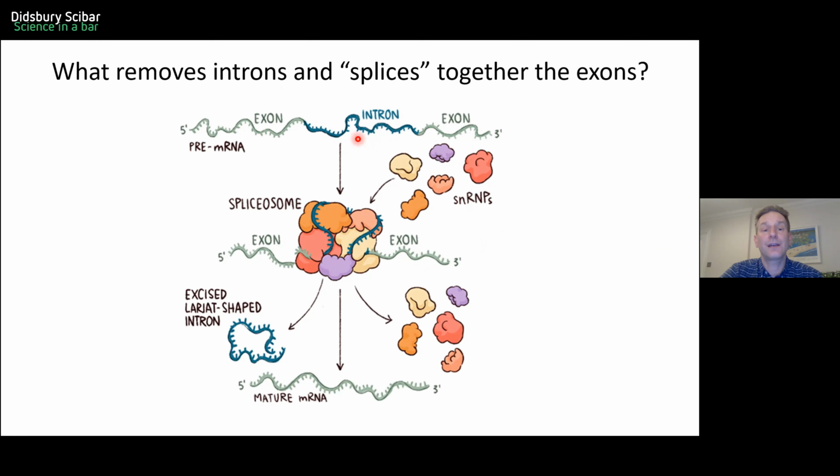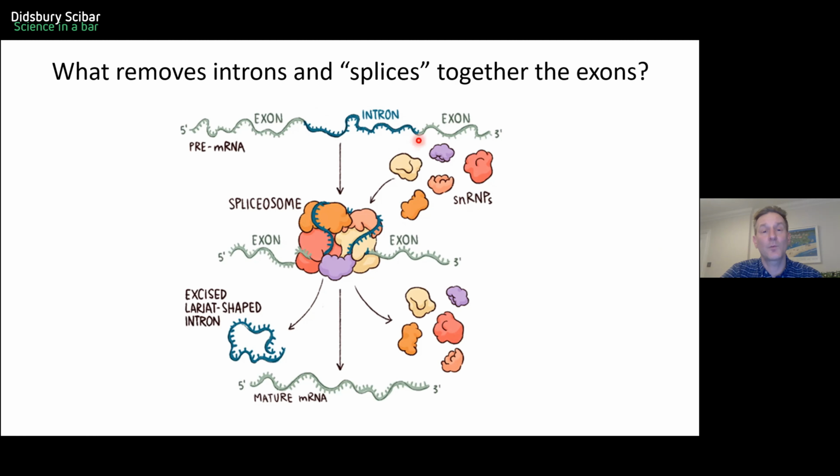And the machinery that does that is called the spliceosome. The spliceosome is a complex that you find within the nucleus of the cell. When the messenger RNA is made with an intron, it comes in and recognizes where the exon sequences and the intron sequences are, usually by looking at very specific sequences at the junctions between the introns and the exons.